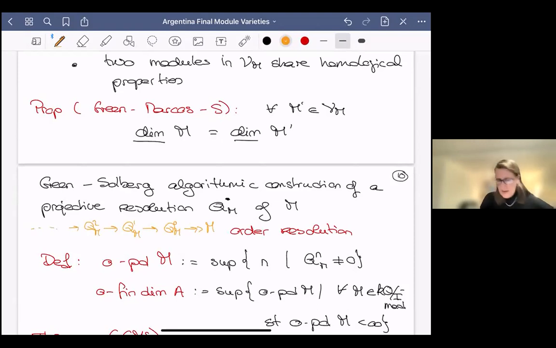And this is going to be our order resolution. So all these are going to be projective KQ mod I modules. And the O projective dimension of M is the sup of the n's such that Qn+1 M is not equal to 0. And I should have said Qn plus 1 is equal to 0.